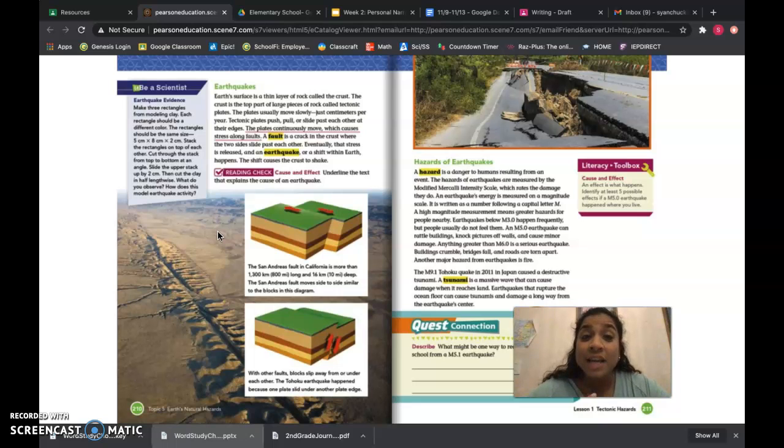A fault is a crack in the crust where the 2 sides slide past each other. Eventually, that stress is released and an earthquake or shift within the earth happens. The shift causes the crust to shake. So what I'd really like you to do is underline in the text what explains the cause of an earthquake.